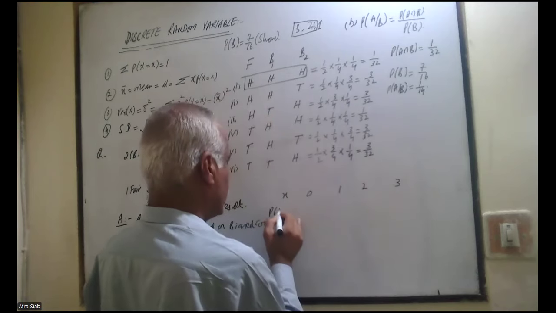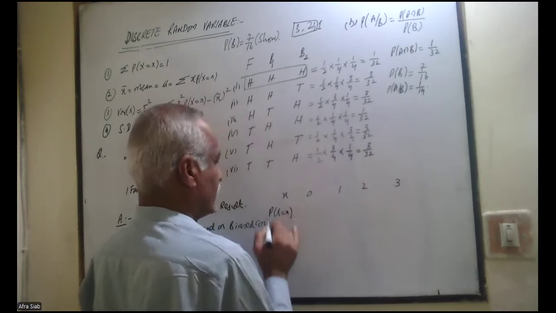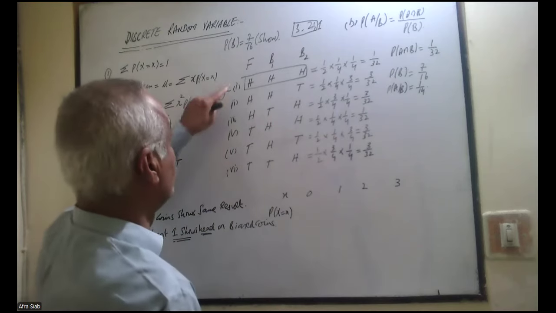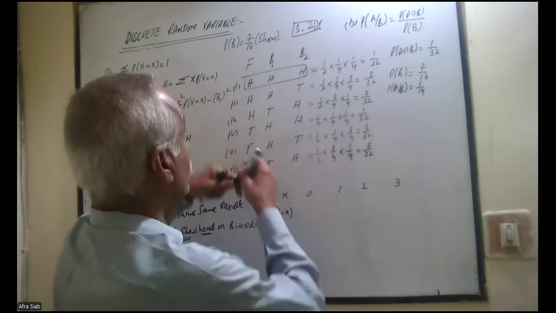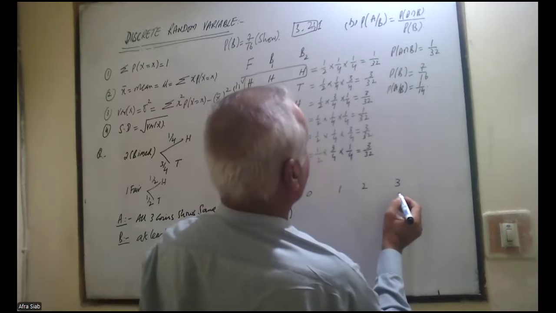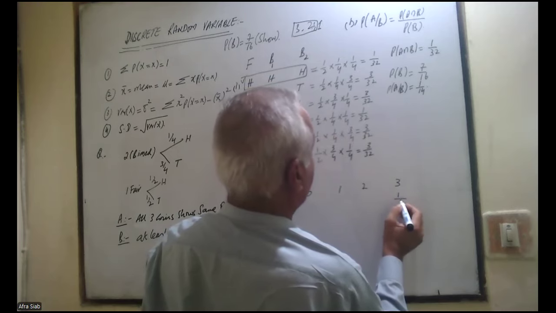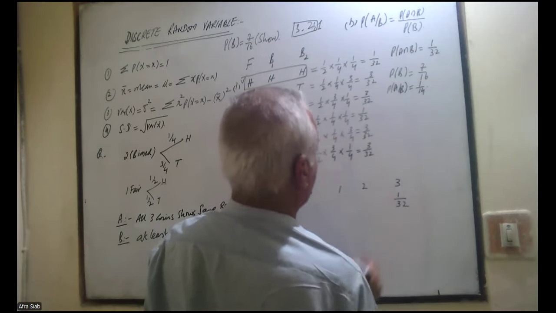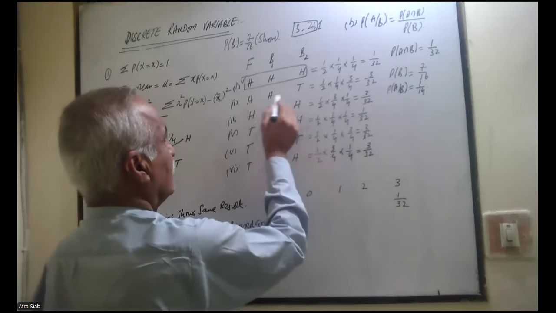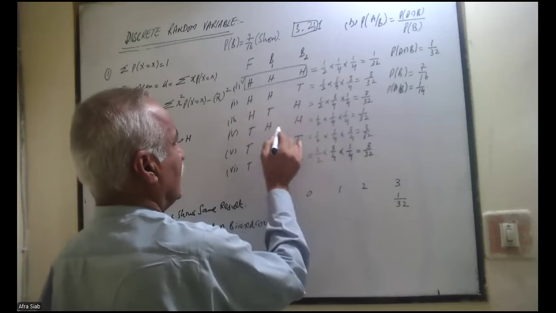Now we find the probability of X equal to x. For all three heads, that is 1 by 32. Then for two heads: head, head, tail; head, tail, head; tail, head, head.